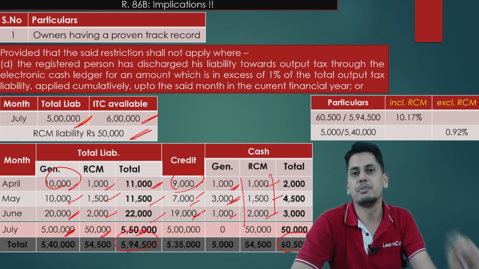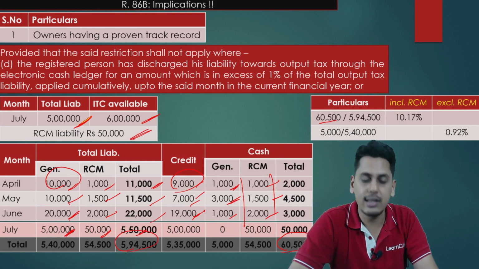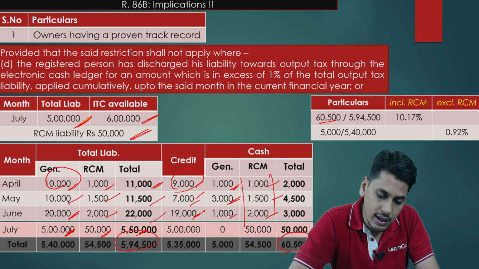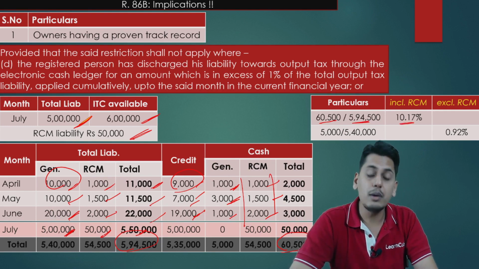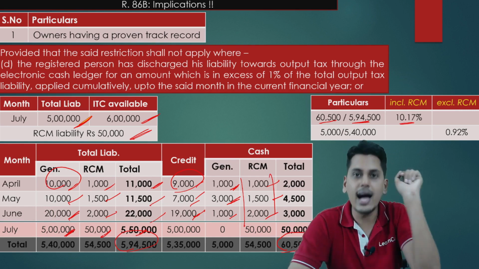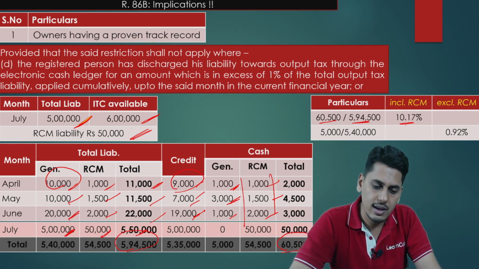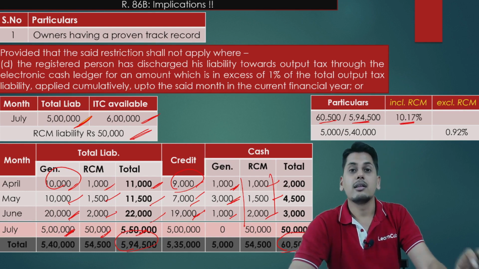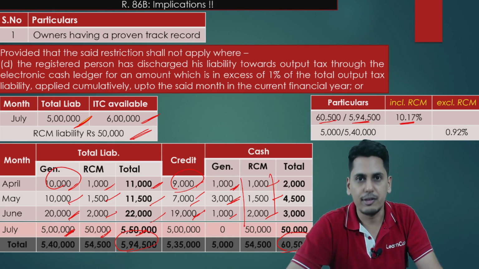If I make this mistake, with total paid through cash 60,500 and total liability 594,500, it gives me 10.17%, which means that if I include RCM figures, I get an answer that I have already complied with Rule 86B on a cumulative basis.